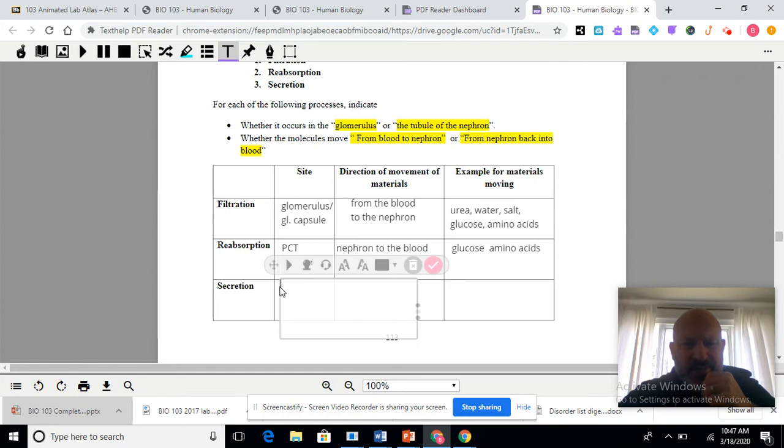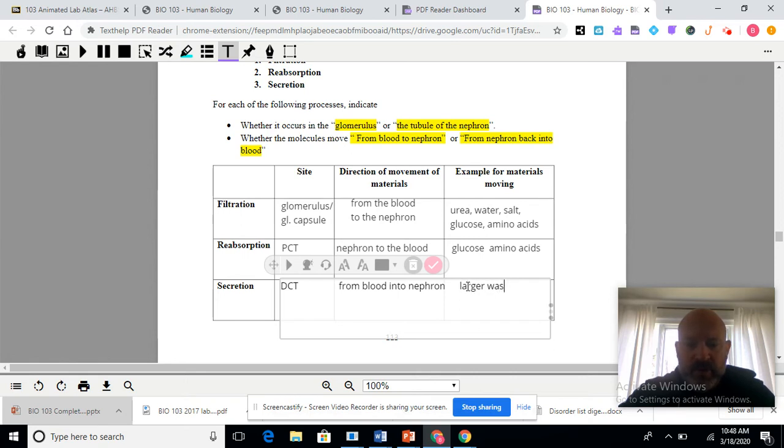With secretion, where is this happening? This is happening in the distal convoluted tubules. And the direction of the flow is, again, from blood to the nephron. And what is the blood adding to the urine while it's dumping off some last minute items?